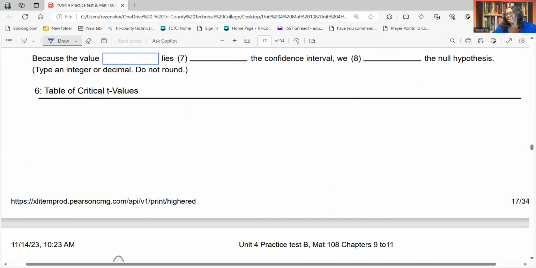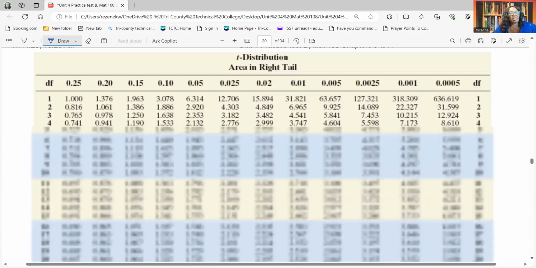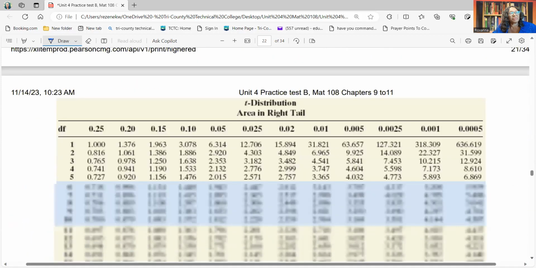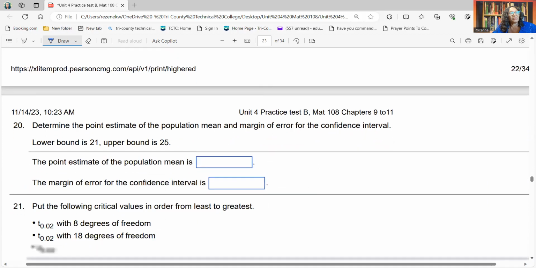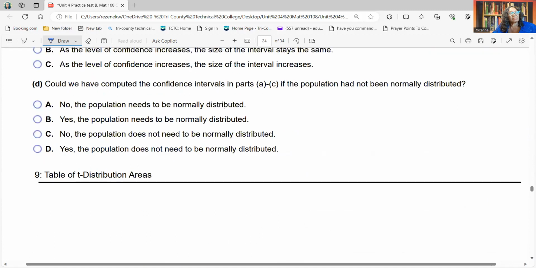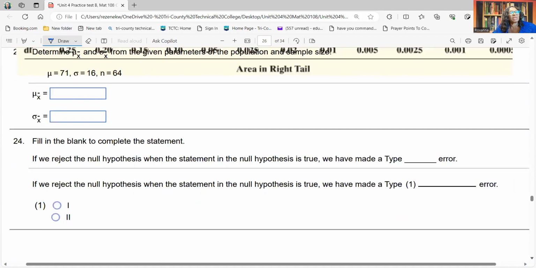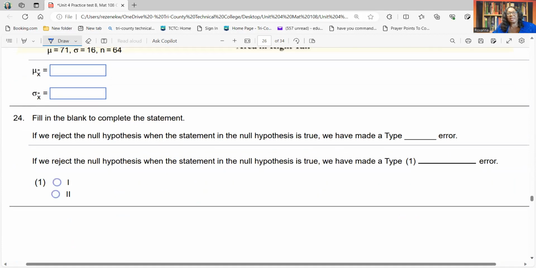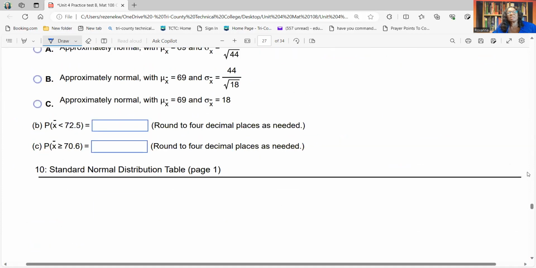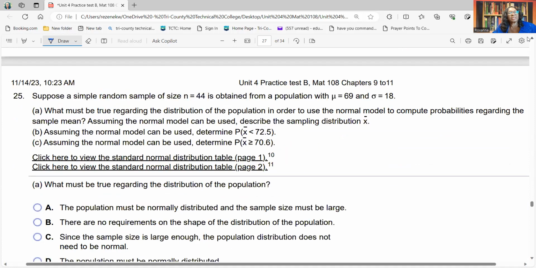I'm looking for another one on critical values, central limit theorem. If it's not, I'll just pull up another one.